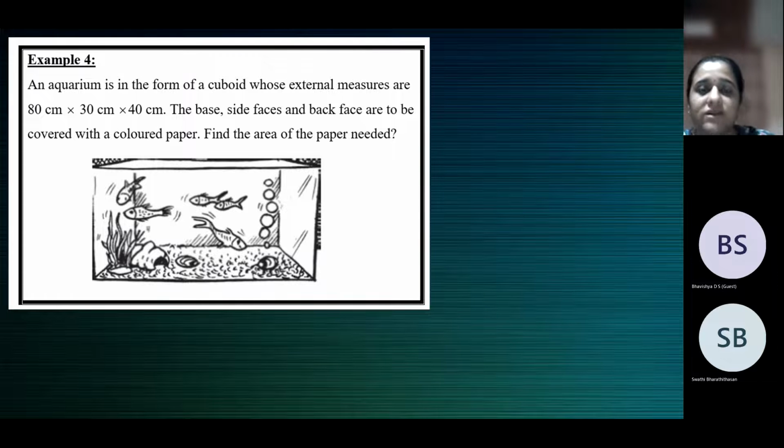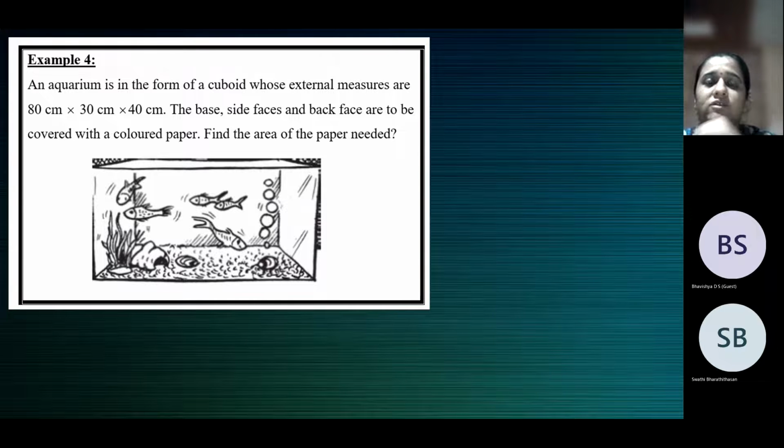We also understood the formula. I also told you that there are 4 vertical surfaces and 2 horizontal surfaces. Now, when you take a cuboidal room, the 4 vertical surfaces are the 4 walls of the room. The ceiling and the floor are the 2 horizontal surfaces.